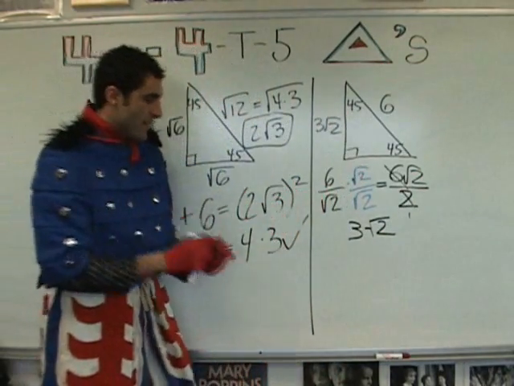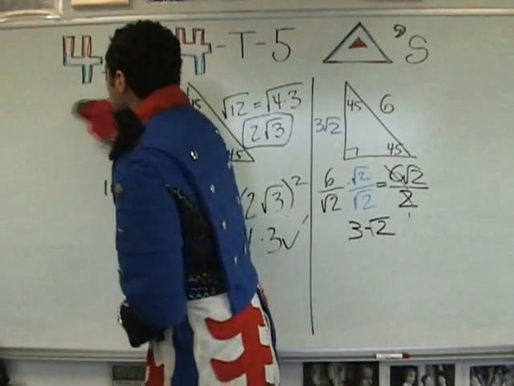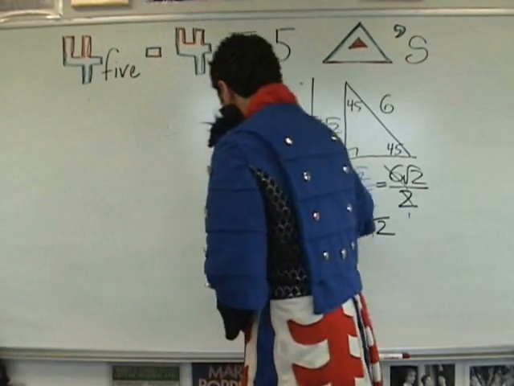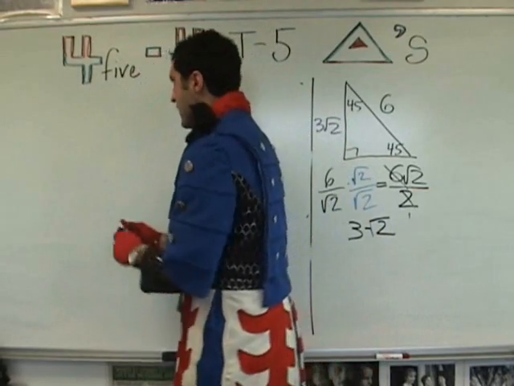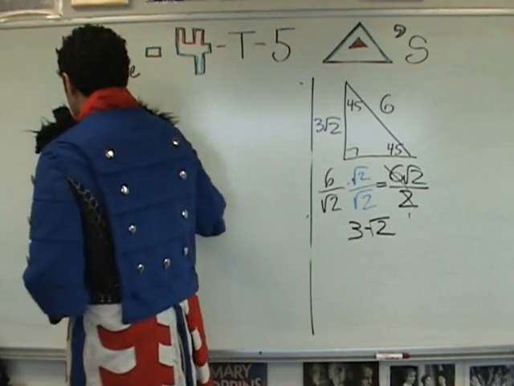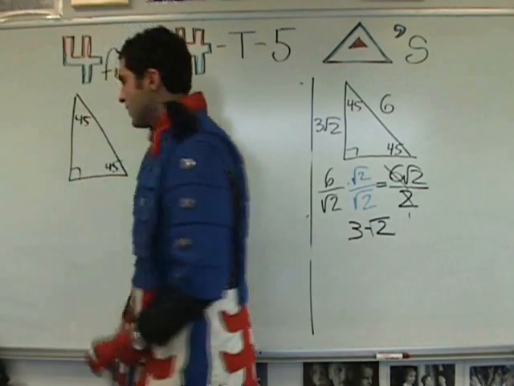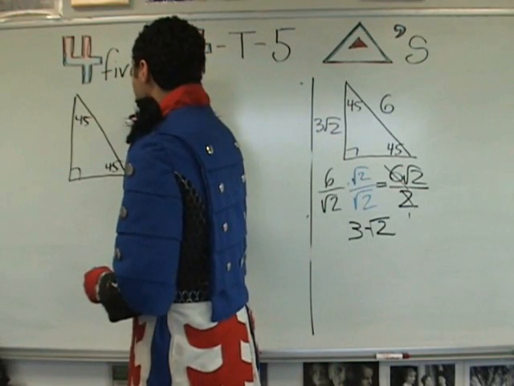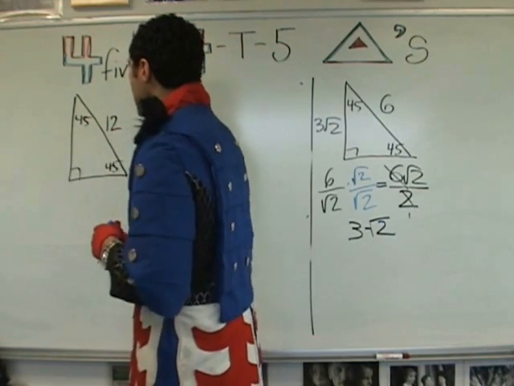Okay. Let's leave that one on the board and have you try one like that. Right, and then we have a few situation problems and that's it. So, let's go. 45, 45, 90. 12.